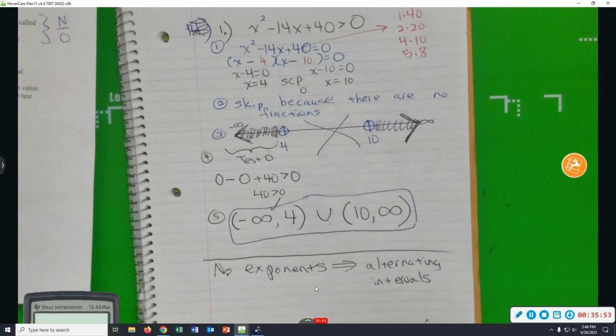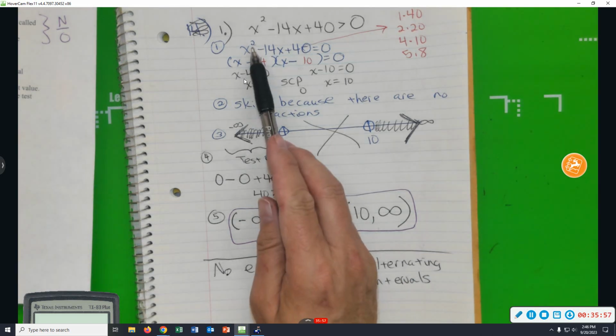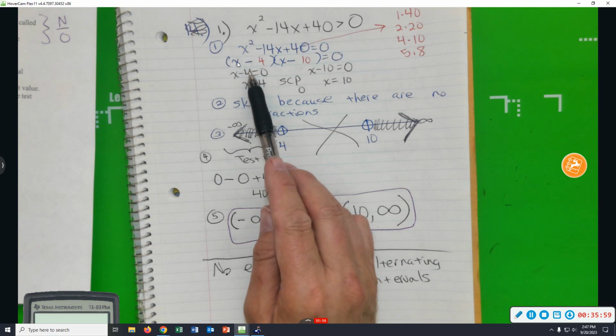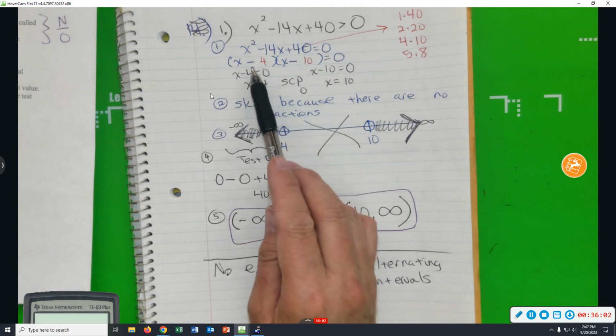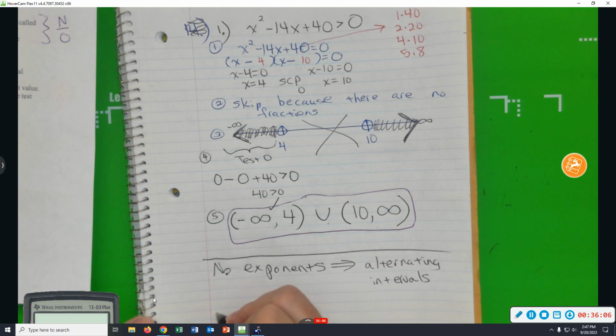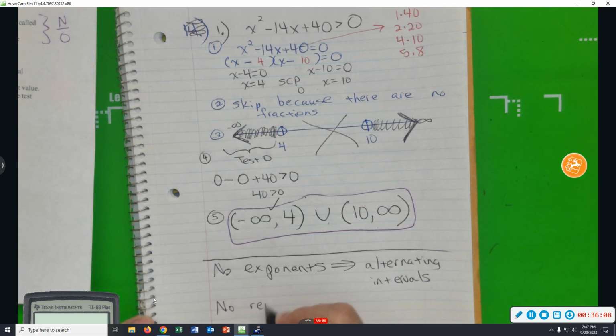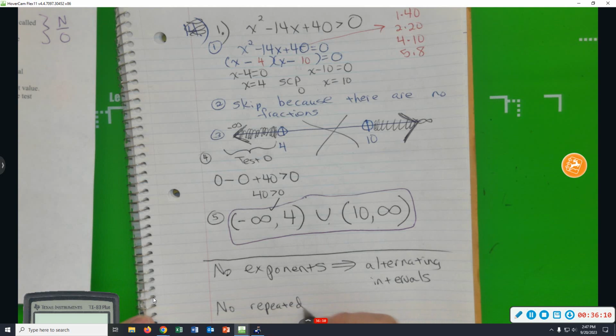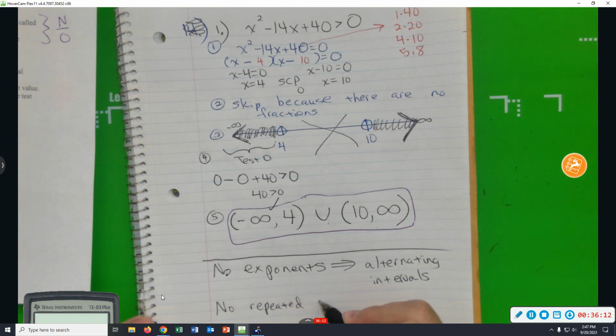Even if there are exponents, if there's no repeated factors, x minus 4 is different from x minus 10. If there's no repeated factors, you expect an alternating pattern.